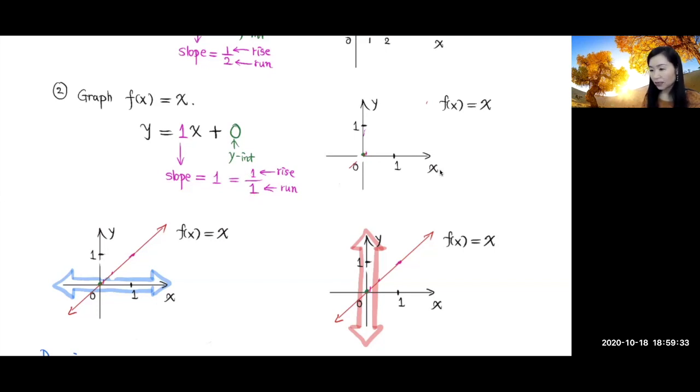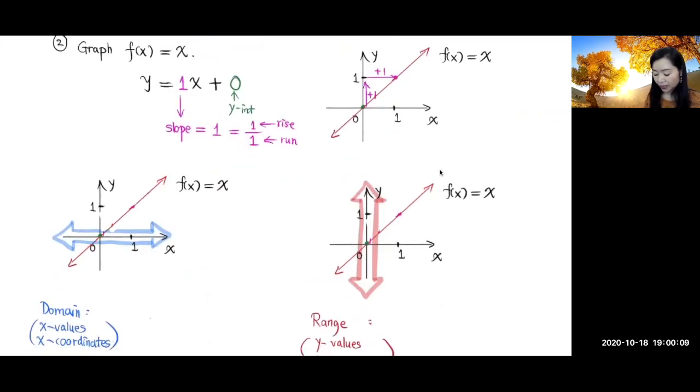So 1 is the same as 1 over 1. The rise here is 1, so starting from 0, we go up 1, and the run is positive 1, so we run to the right 1 unit. Up 1, right 1 to get another point. Now draw the straight line here. This is the graph for this linear function, f of x equals x.